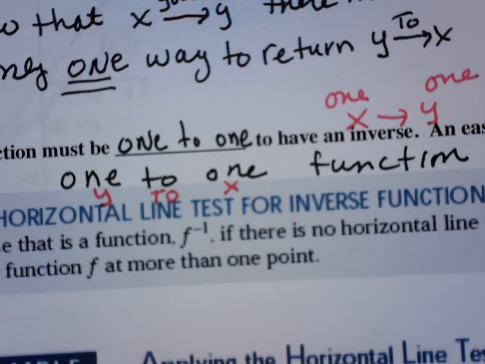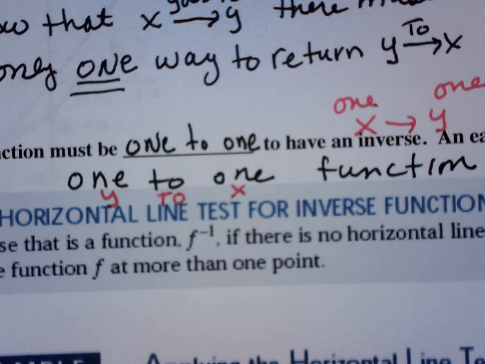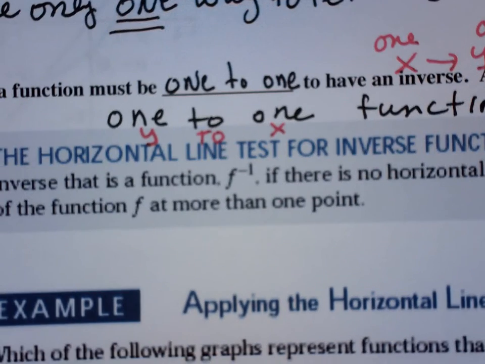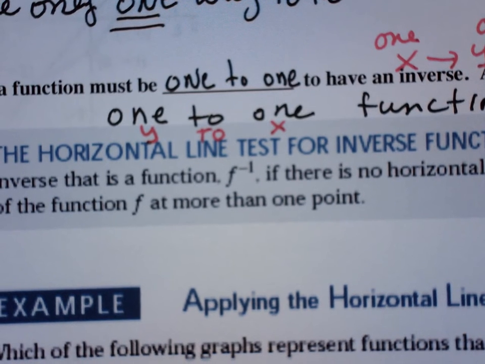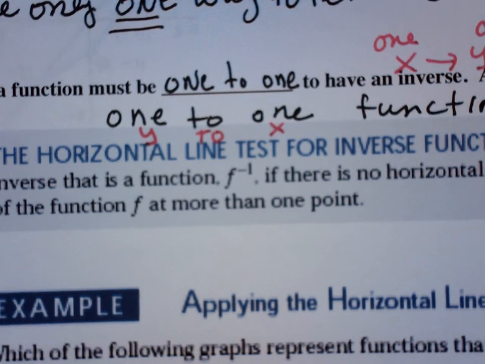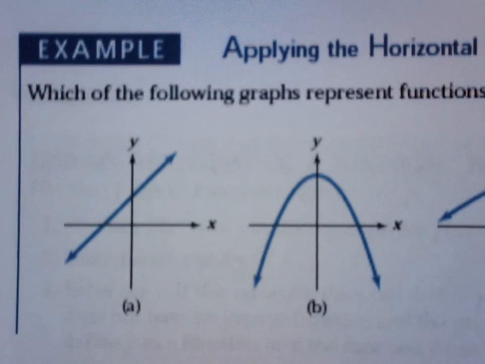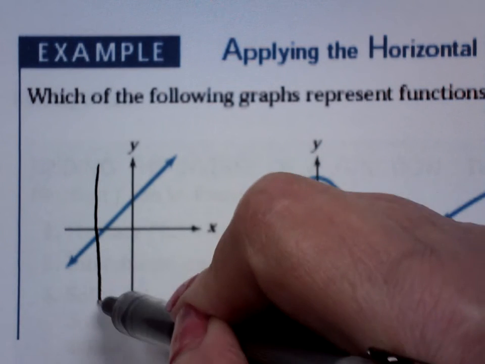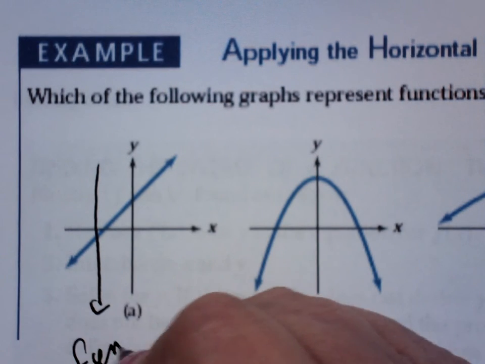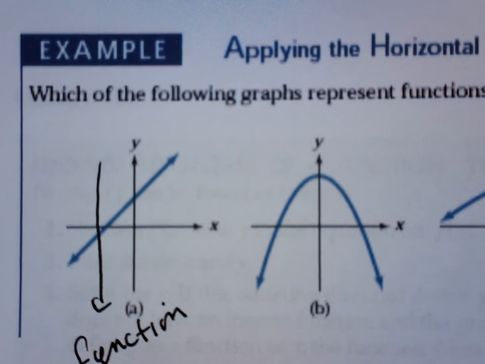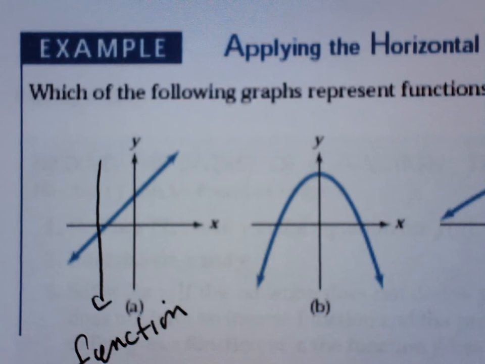And we use something in terms of the y to x thing called the horizontal line test. Remember the vertical line test when we tested for functions? Well, a 1 to 1 function has to pass a horizontal line test. You can see it in the pictures here. This is a function. The question is, does it have an inverse?